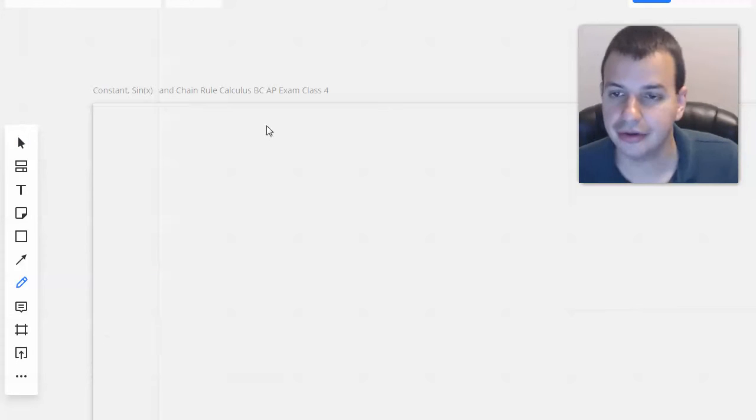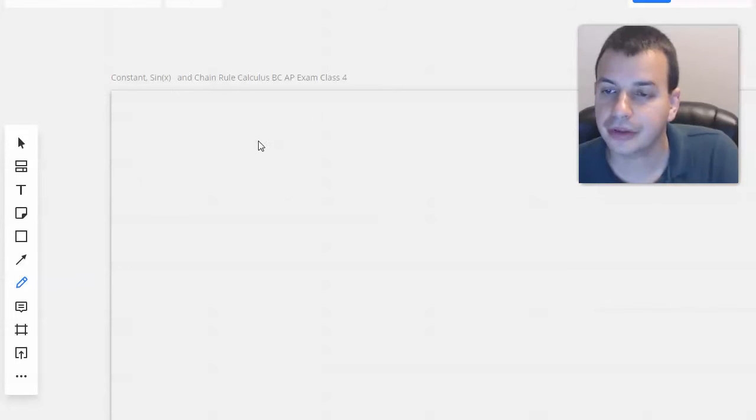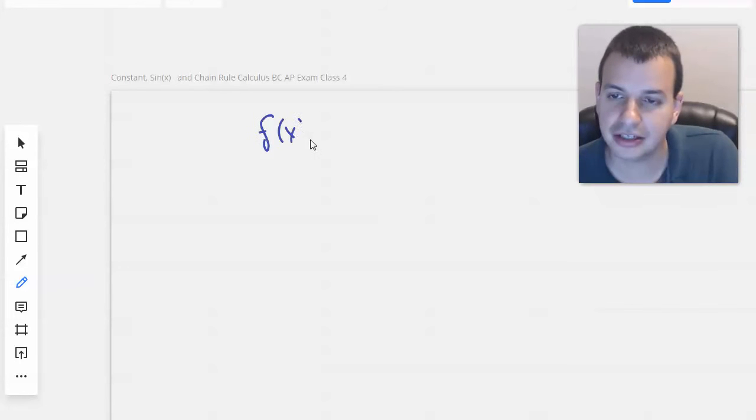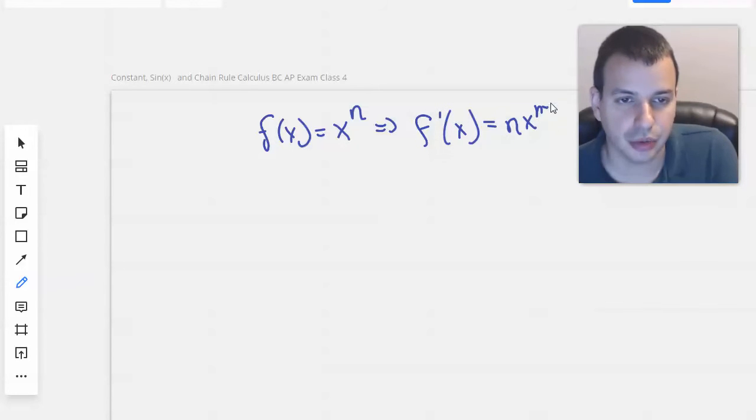So if we have, zoom in slightly, a little bit to the left, our power rule: f of x equals x to the n implies that f prime of x equals nx to the n minus 1.